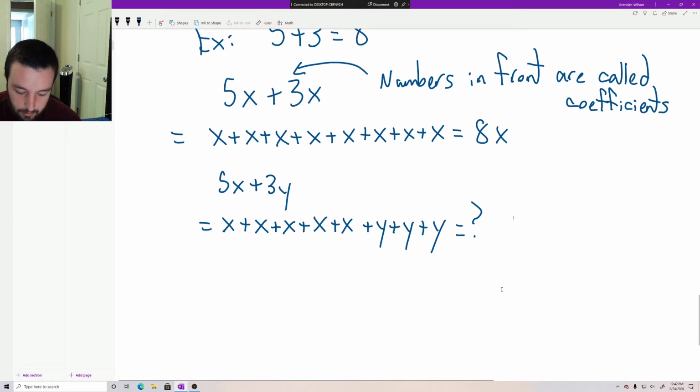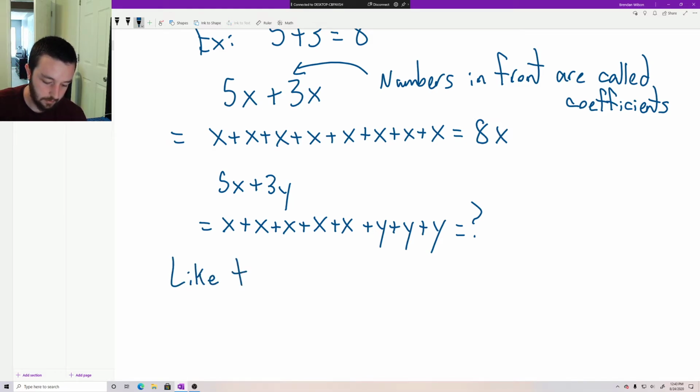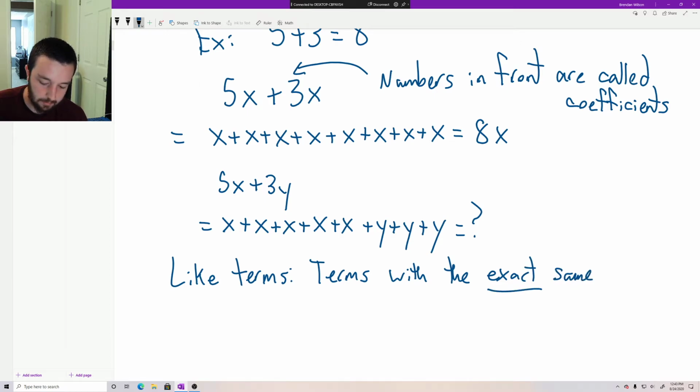So what we can do is put them together like how we did in this first one when we have what are called like terms. Like terms are terms with the exact same variable part.